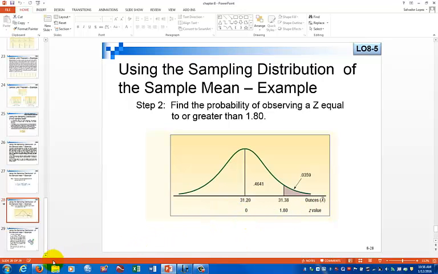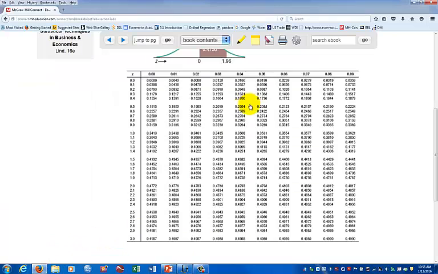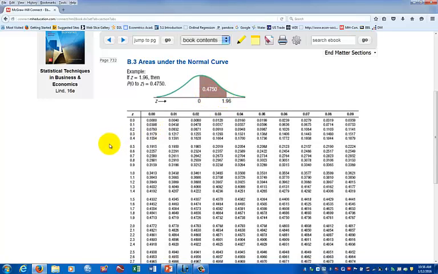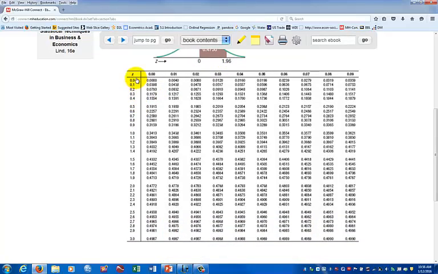Now I have a copy of the table. Let's practice reading the table. The table finds areas between 0 and Z. Well, between 0 and 1.8, going down here on the Z values, 1.8 is right here.